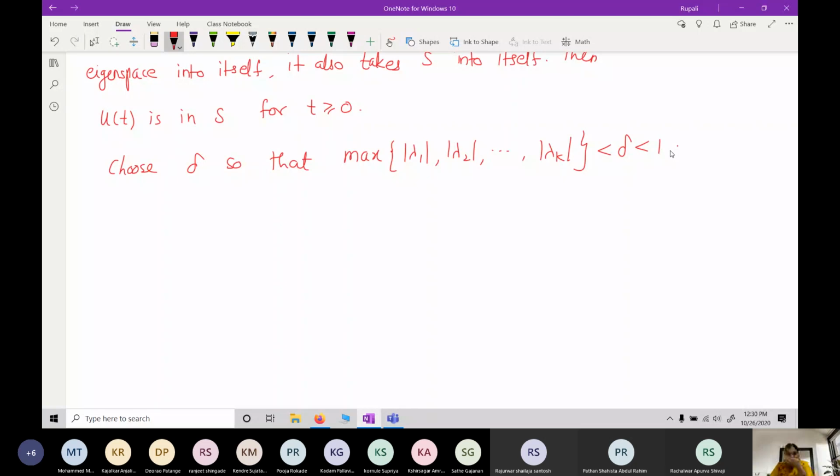If we choose delta such that the maximum of these is less than delta and less than 1, then as we proceeded in theorem 4.4, there exists a constant b.